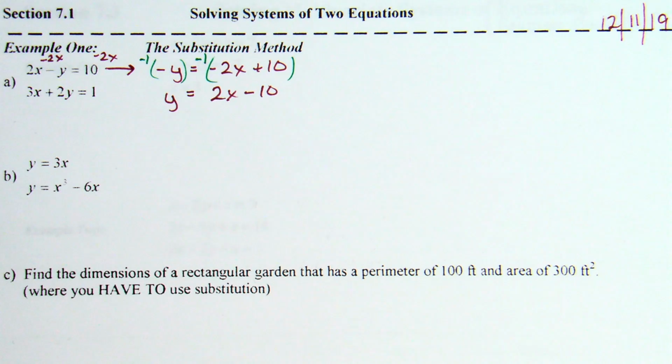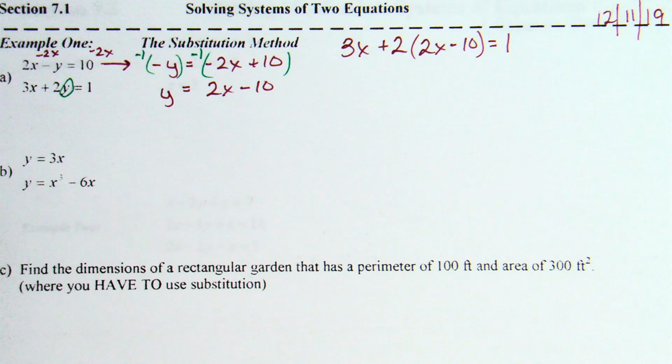Now what do I do with that? In my other equation, every place I see a y, we're going to replace it with 2x minus 10. So it's 3x plus 2y. What am I putting in place of y? 2x minus 10.